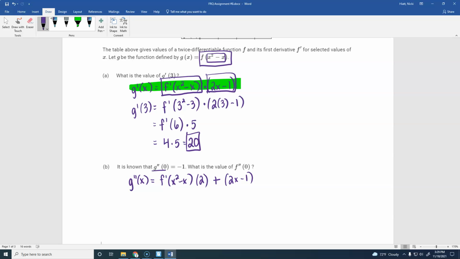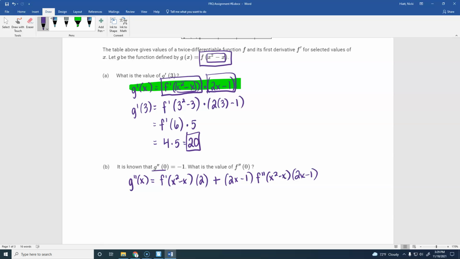So when we take the derivative here, we've got to use the chain rule. So the derivative of f prime is f double prime of x squared minus x. Leave the inside parts alone, but you have to multiply by the derivative of that inside part, so 2x minus 1. So make sure you've got parentheses around that there also.